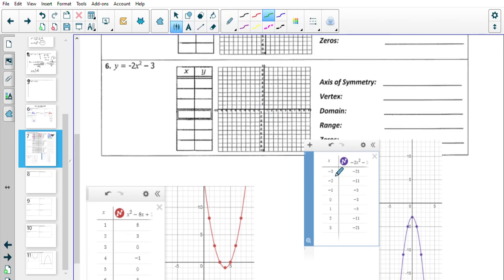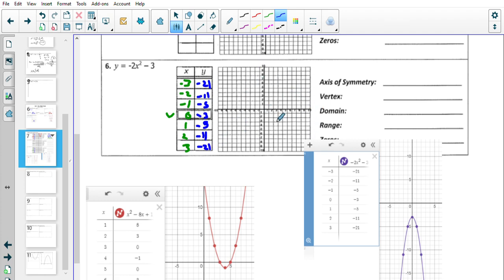So I can put in my table, negative 3, negative 2, negative 1, 0, because the vertex is in the middle, 1, 2, 3, and then my y values, negative 21, negative 11, negative 5, negative 3, and then they repeat. Negative 5, negative 11, negative 21.